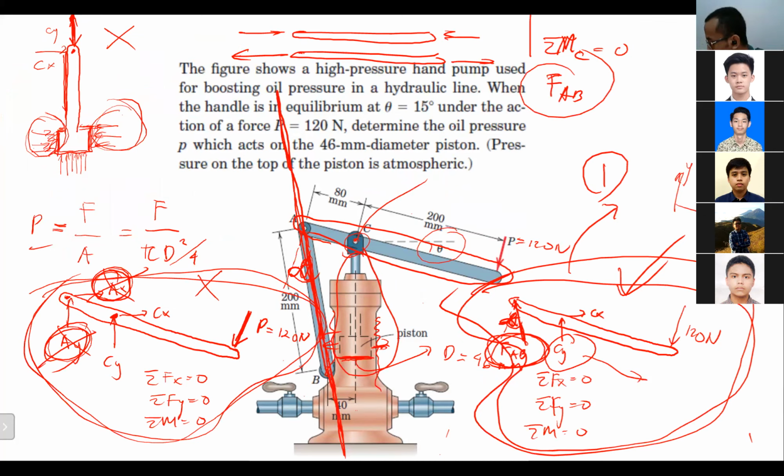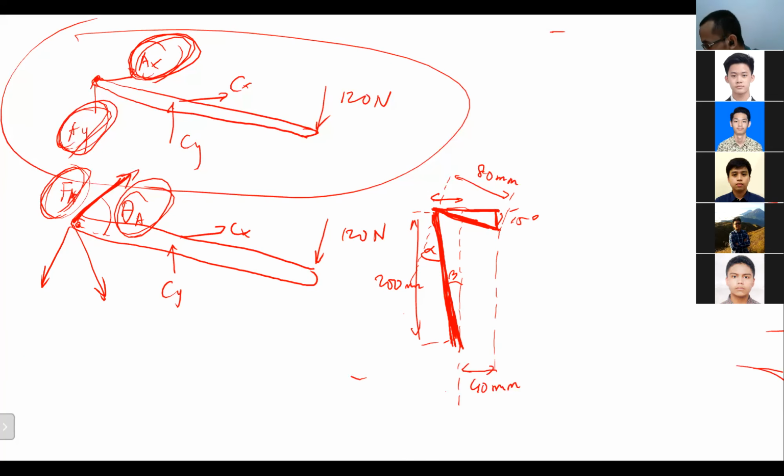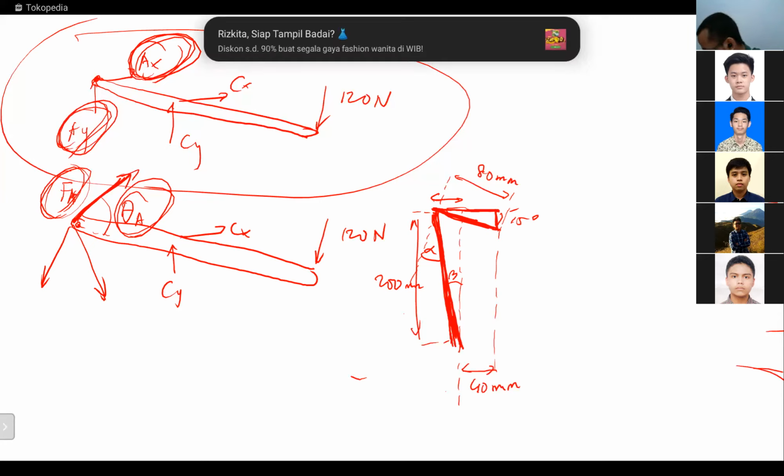Actually, you can find any angle that you want, but I put alpha perpendicular to AC. If you want it to be vertical like that, just use beta then. Yes, you can do it that way.